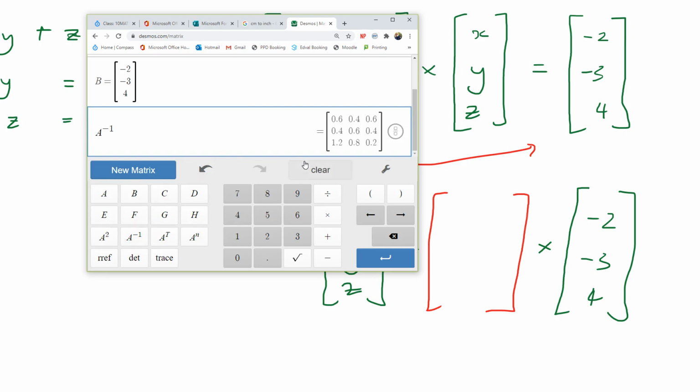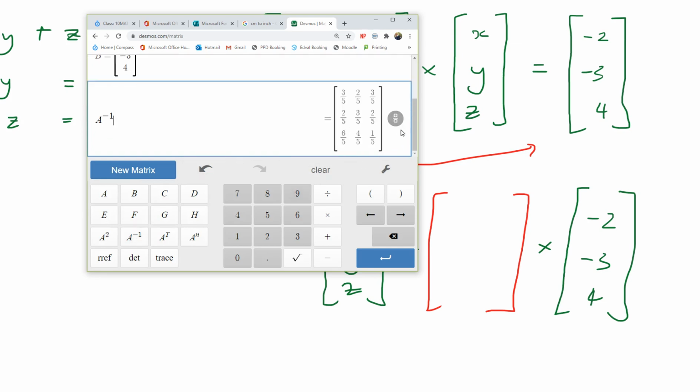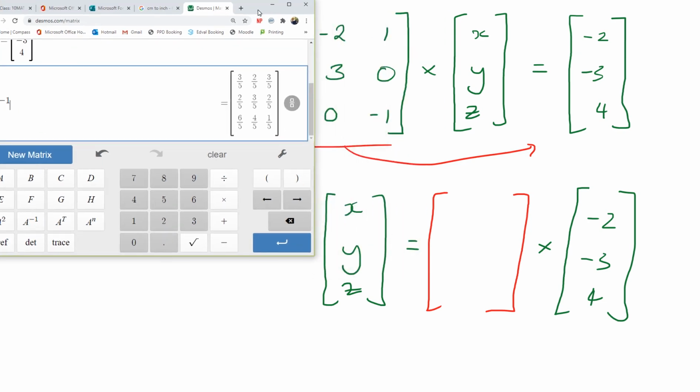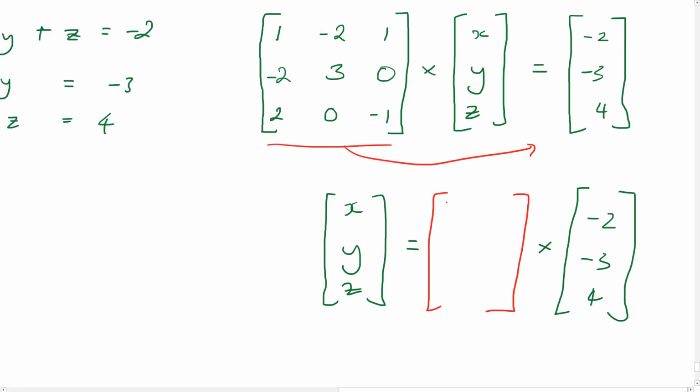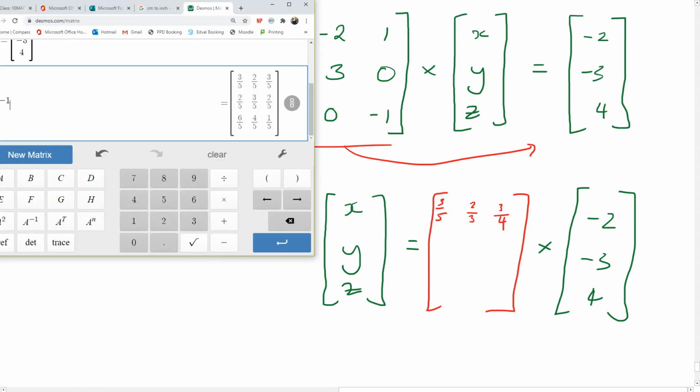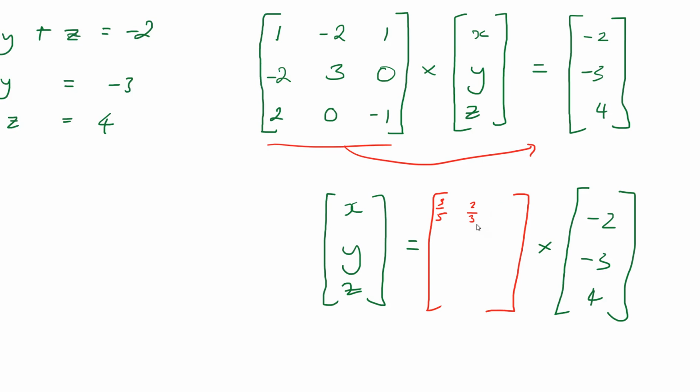On your calculators with your CASs, it's just to the power of -1. So in this case, you've got 3 over 5, 2 over 5, 3 over 5 for the first row. Okay, why did I write all of them over... let me fix that, sorry guys. They're all over 5.